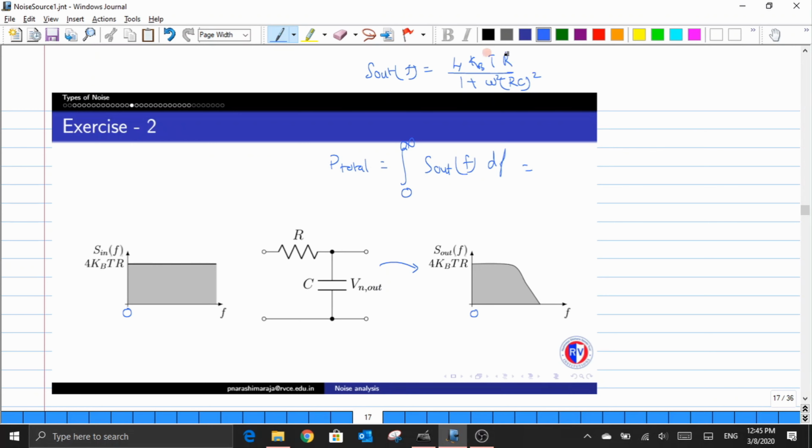Now let us try to bring our expression onto this integral. So clearly from calculus we know that whenever we have an integral of this particular form, which is dx by 1 plus x square, then the integral of this quantity will return us a tan inverse of x term.